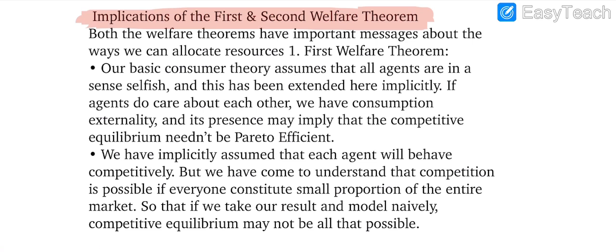Actually, both theorems have important messages with regard to allocations. If we first see the first welfare theorem, it says that consumer theory assumes that all the agents are selfish, and if agents don't care about each other, we have consumption externalities, and their presence may imply that the competitive equilibrium need not be Pareto efficient. That is the first point.